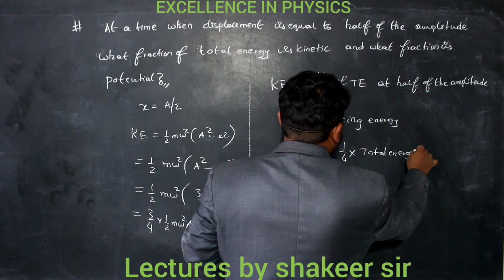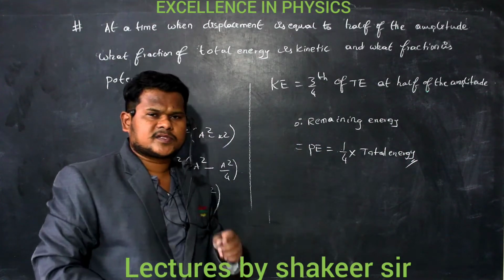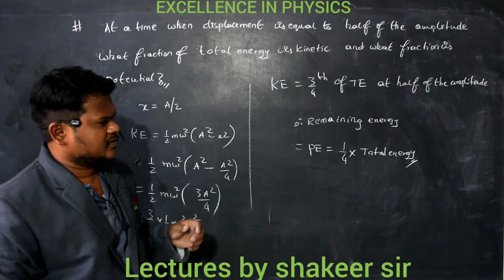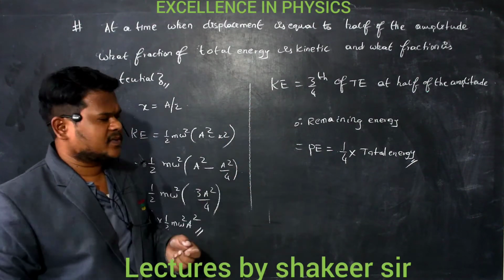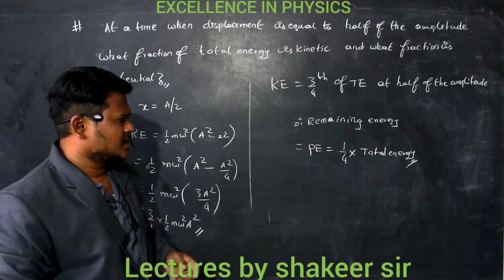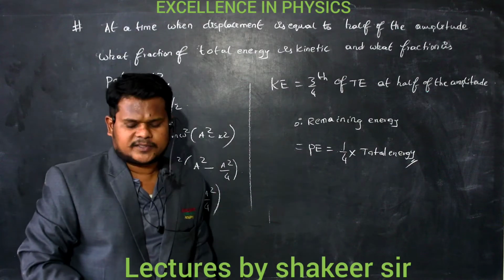So this is the fraction. If I want to calculate the same value in terms of percentages, then 3 by 4 into 100 is 75%. So 75% of total energy will be kinetic energy, and the remaining 25% of energy will be potential energy.